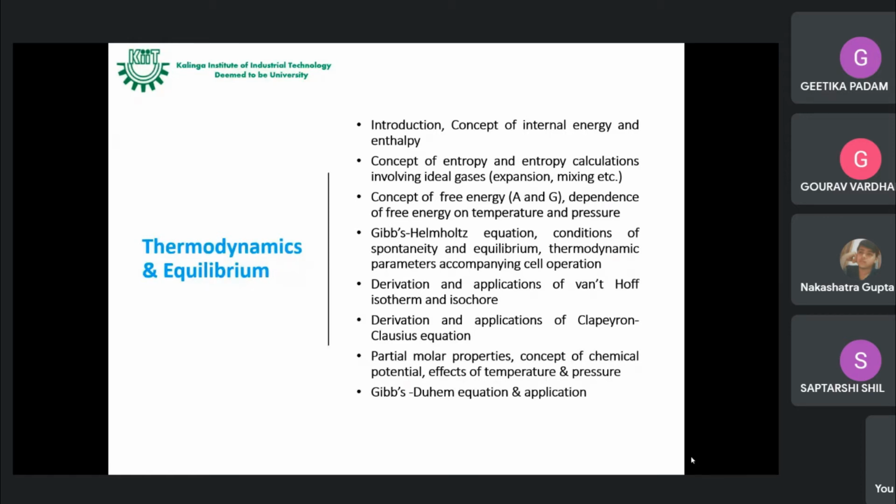So you should first understand what is new there. If you look at thermodynamics, you will find that 60% is what you have already read. 40% will be the addition.